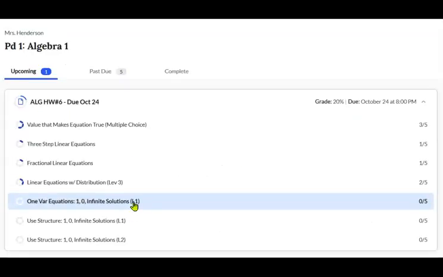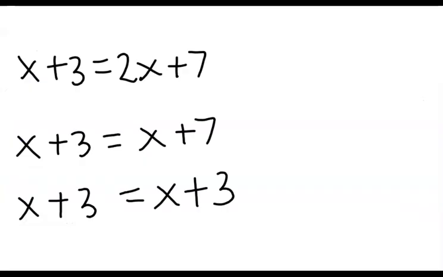Let's take a look at these next few topics that involve equations that might have one solution, no solutions, or infinite solutions. So you might need a bit of a refresher. Take a look at these three equations. Before I've done any math, I already know that this equation has one and only one possible number that would work for the letter x.